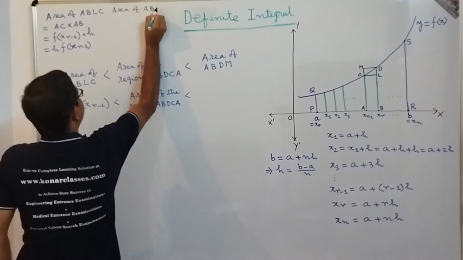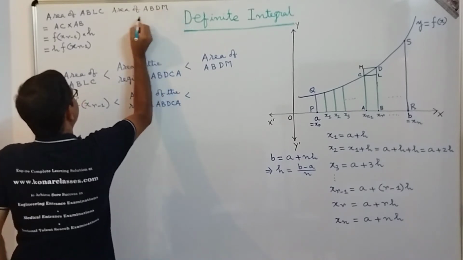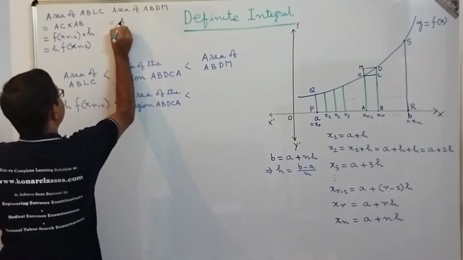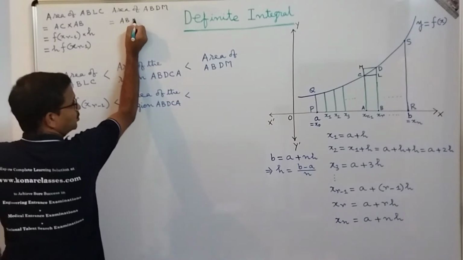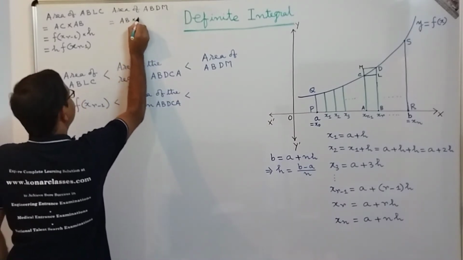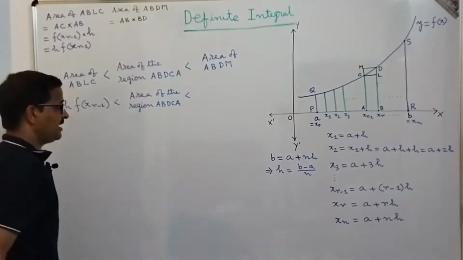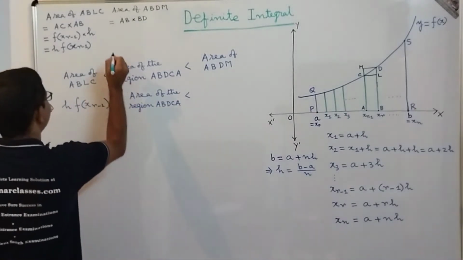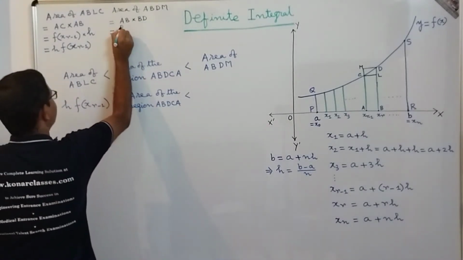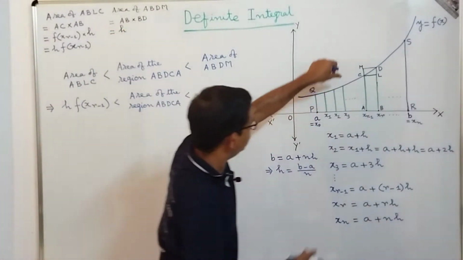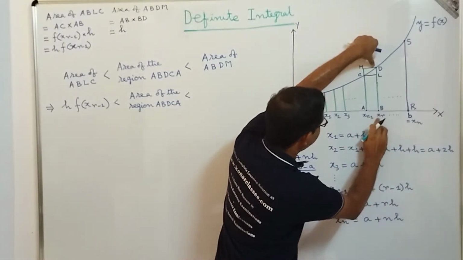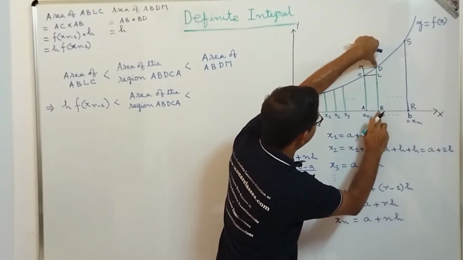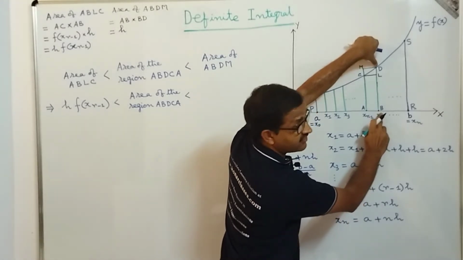that is equal to what? AB, that is the breadth, into we can write BD. Correct? Now what is AB? AB is h, we already discussed. Okay, and what is BD? BD, the point B is x_r, so BD should be the value of the function f(x) at x equal to x_r, that means f(x_r).